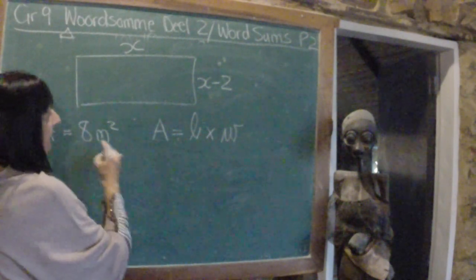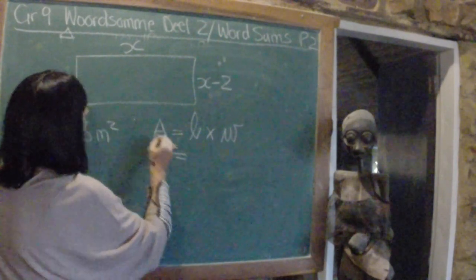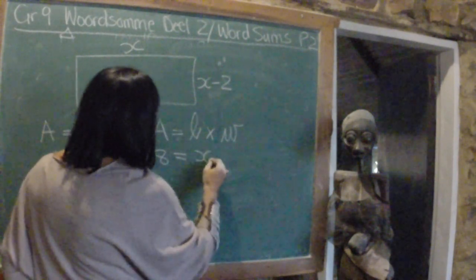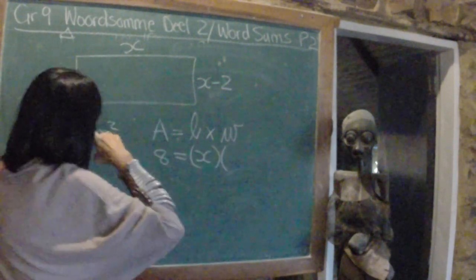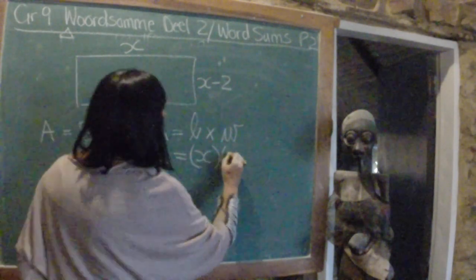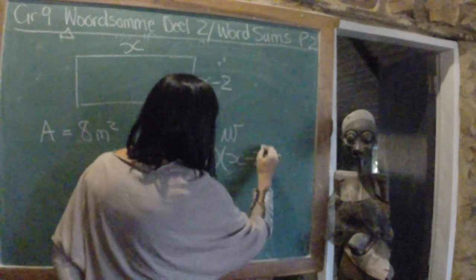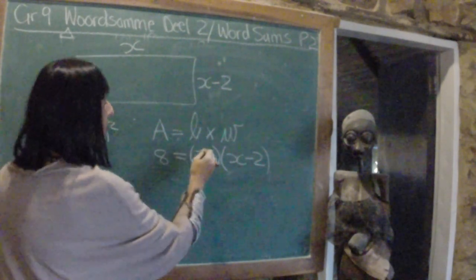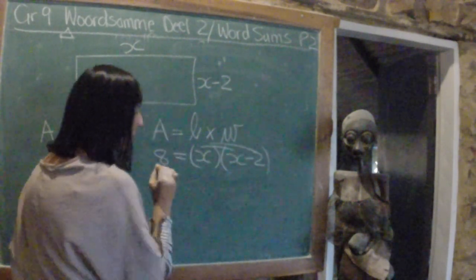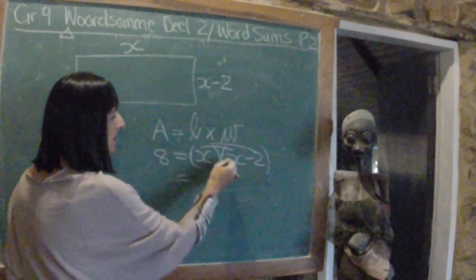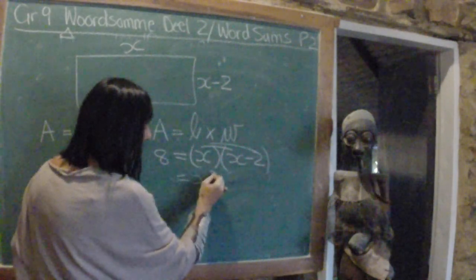The area is 8. The length is x times, let's put it in brackets because that's times x minus 2. En nou kan ek dit gaan uitmaal. Distributive law, go and multiply that out. X times x gives me x squared.